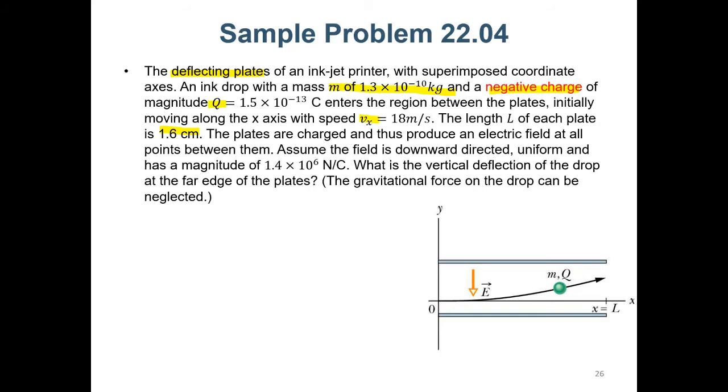Assume the field is downward directed, uniform, with a magnitude 1.4 times 10 to 6 Newton per Coulomb. What is the vertical deflection of the drop at the far edge of the plate? The gravitational force can be neglected.